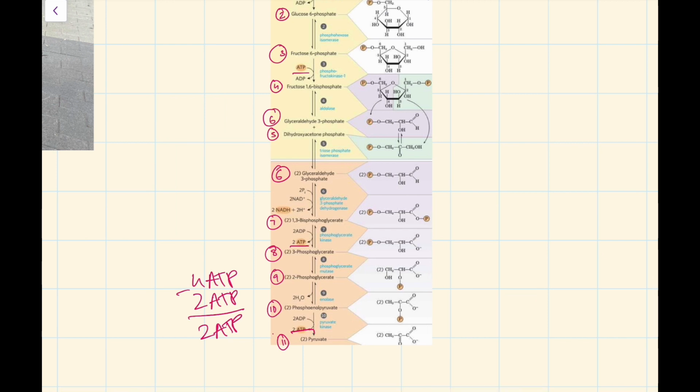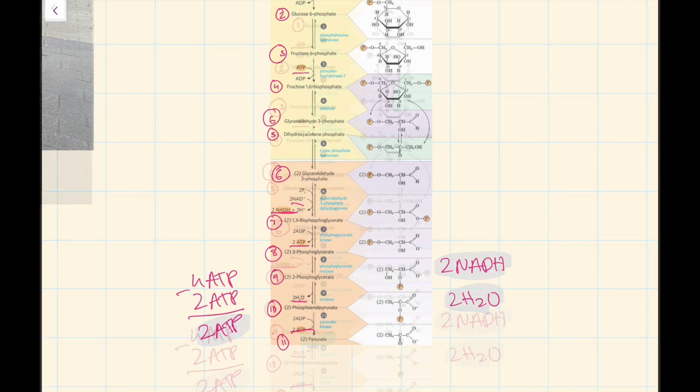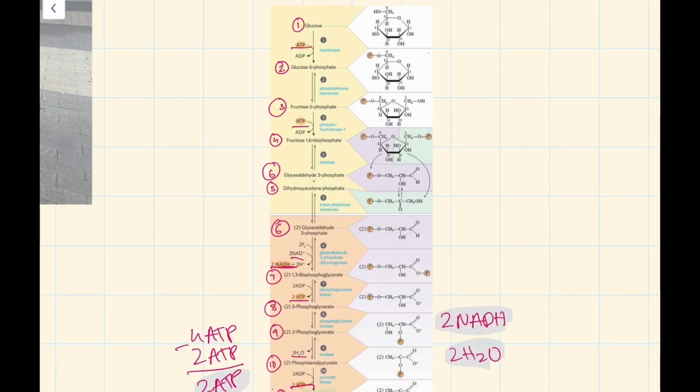And we have also made 2 NADH from 2 NAD, and we have also made 2 H2O. So the net reaction yielded these molecules as well as 2 pyruvate. Another thing to remember is which steps are highly regulated and which steps are irreversible.